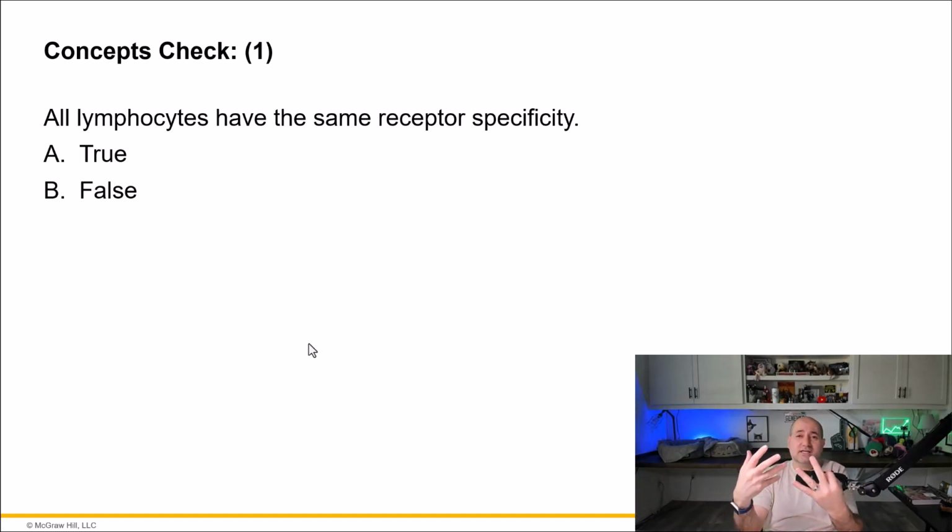These are cells that really do have the same specificity because they have those PRRs, those pattern recognition receptors, and those are pretty cookie cutter, right? But remember, B cells and T cells are anything but cookie cutter. Each one is very specific with the key, the receptor that it has. So the answer is false, because each B cell and each T cell is actually specific and different from another B cell or T cell.